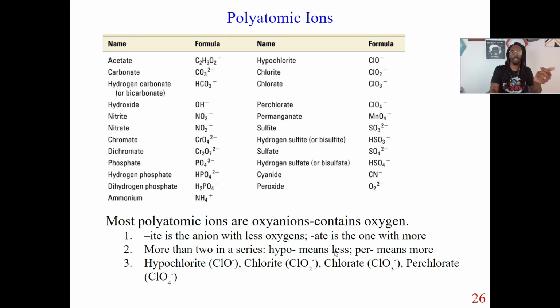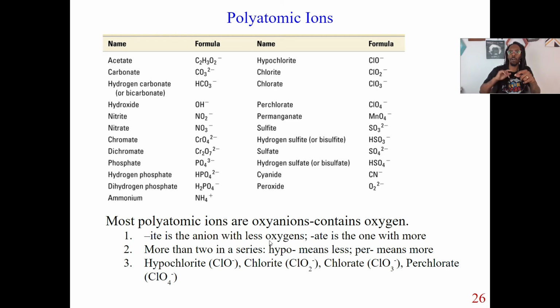So it's less; hypochlorite has the least amount of oxygens. How do we know that exactly? Let me go over that again. Hypo means less, and also ITE, remember, means the one with fewer oxygens.